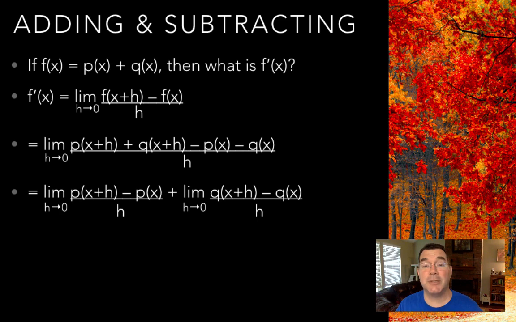So that can be split up into two limits, both of which look like the definition that I started out with, using different letters as my functions. So it's going to be p prime plus q prime. So if two functions are being added together and you want the derivative, you just take the derivative of each function that is being added or subtracted. Okay?